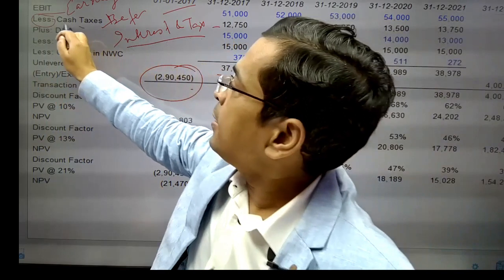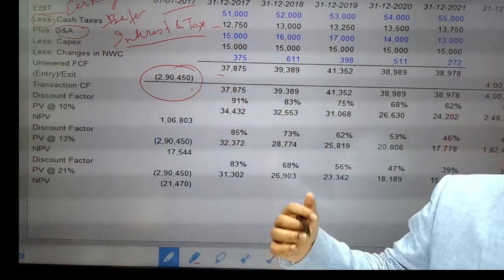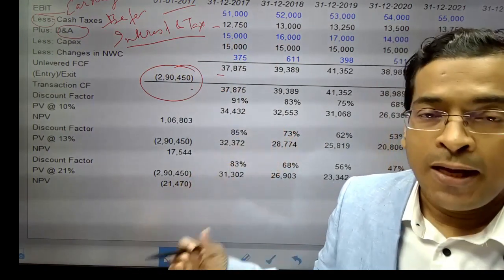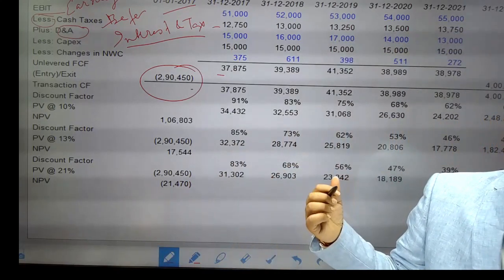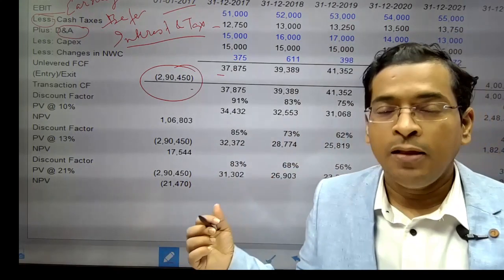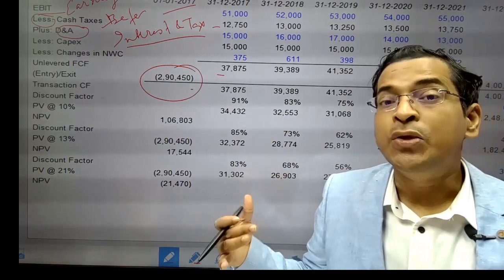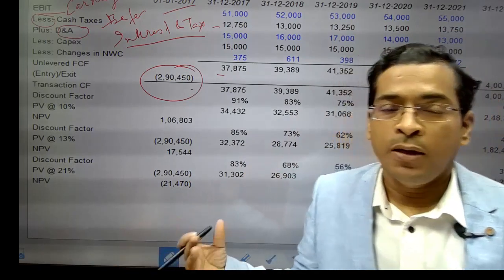Why are we adding D&A, depreciation and amortization? Because it is not a pure cash outflow. It is a fictitious charge, or a notional charge, that we add in the P&L every year to find out the impact of the wear and tear and the use of the fixed assets or any such valuable assets.